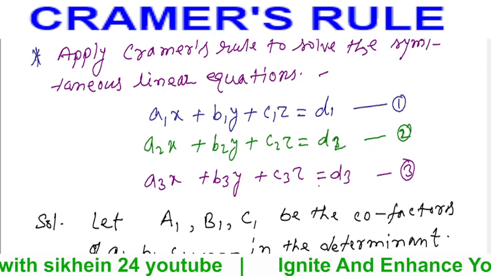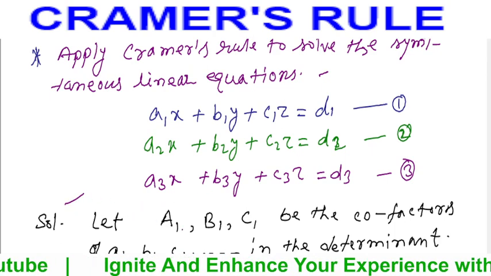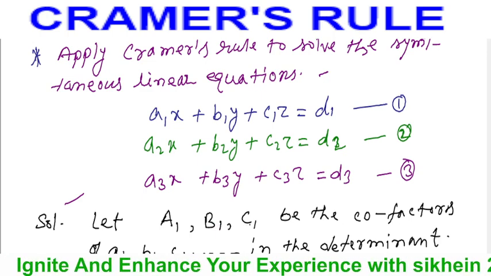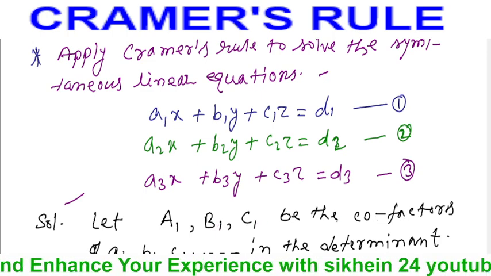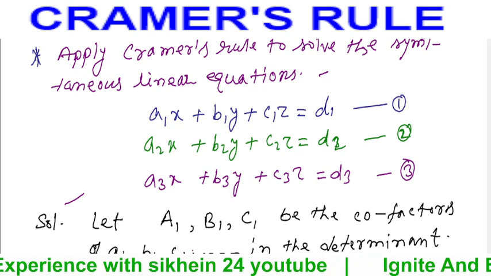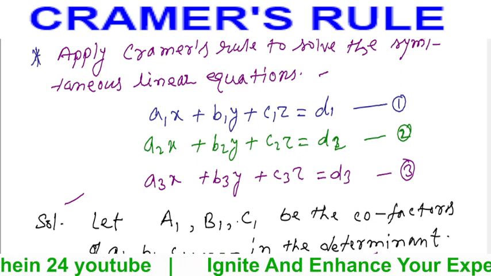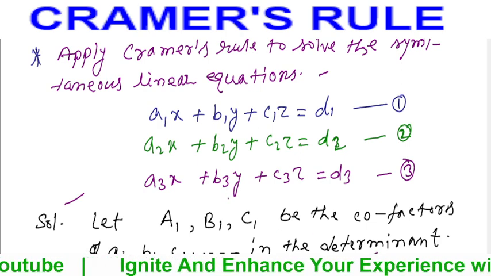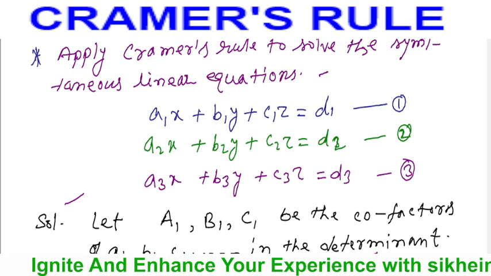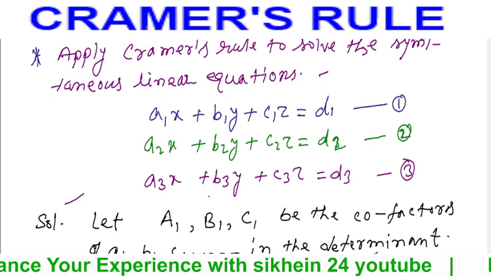First of all, we let the solution here. Let capital A1, capital B1, capital C1 be the cofactors of small a1, b1, c1 and so on in the determinant. Cramer's rule is given with respect to the determinant.